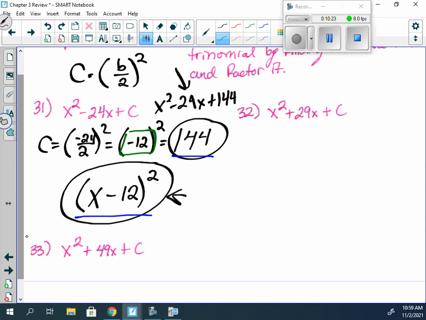If you just include the 144 but not the factor, I will count points off. If you just have it factored but not the actual value, I'll count points off. Because I'm looking for some way, even if you rewrite it as this here, well, you included the value of c. I will count that. Questions on 32 or 33?